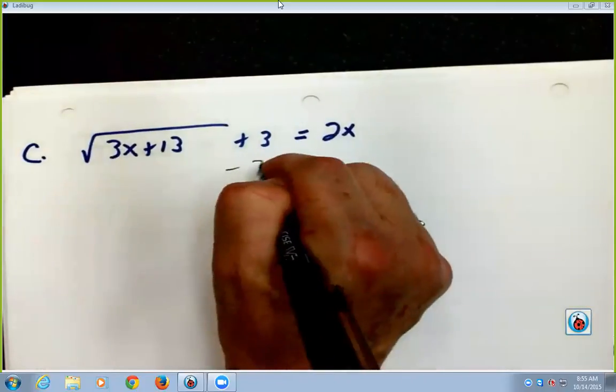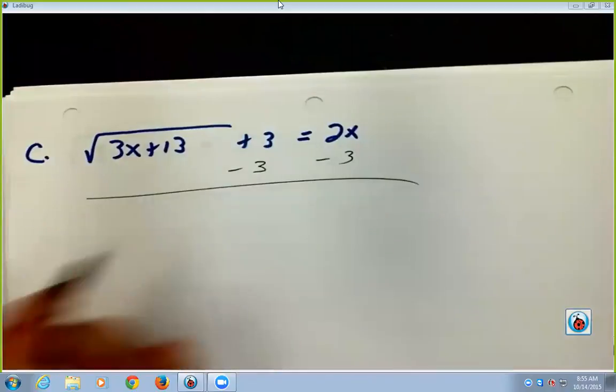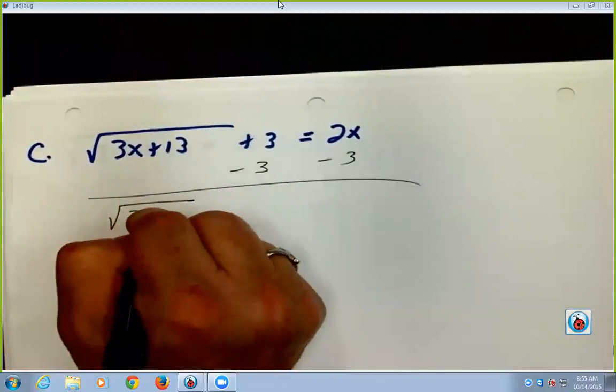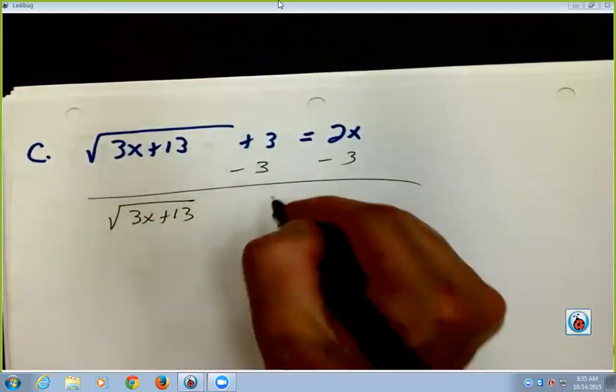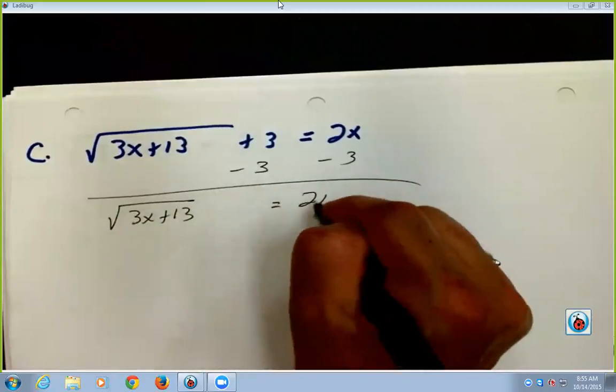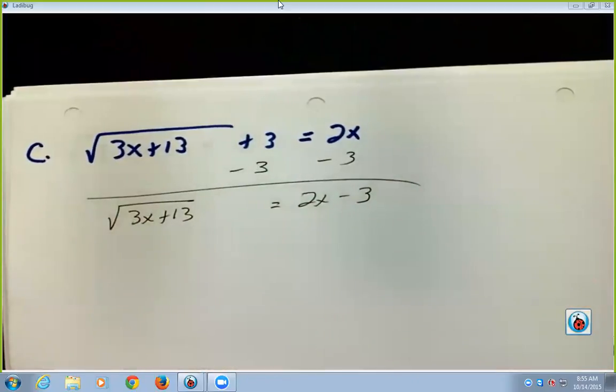So the only difference between this one and the previous ones was that you have a 3 here, which needs to move over. And so that becomes your equation. So now go through it, square it, just like the last one. And foiling and solving, you'll have to factor this one more than likely.